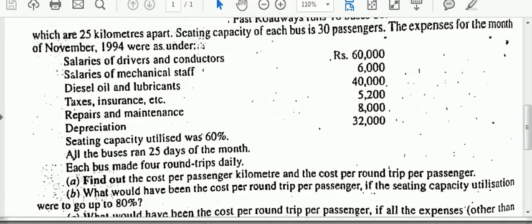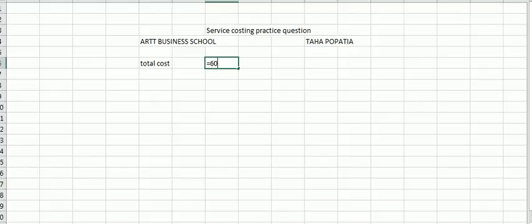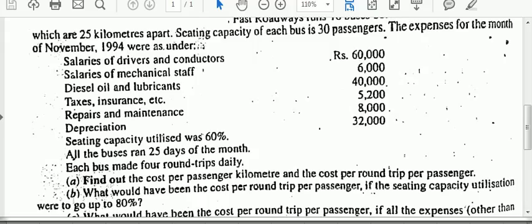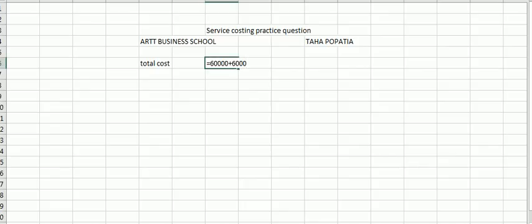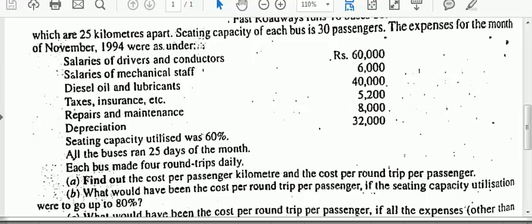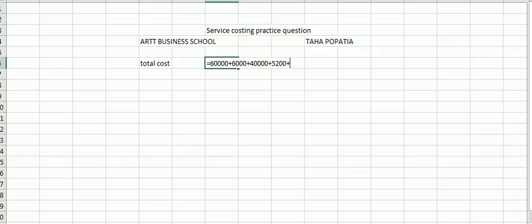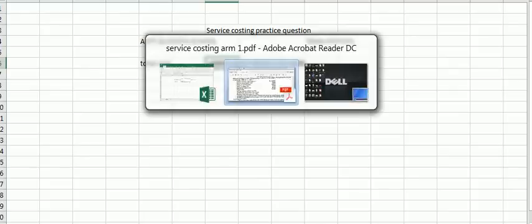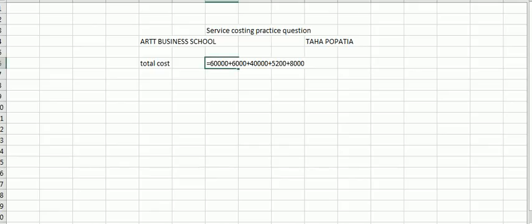Total cost will simply include the salaries of drivers and conductors, which is 60,000, salaries of mechanical staff, which is 6,000, diesel oil and lubricants 40,000, taxes and insurance 5,200, repairs and maintenance 8,000, and depreciation of 32,000.